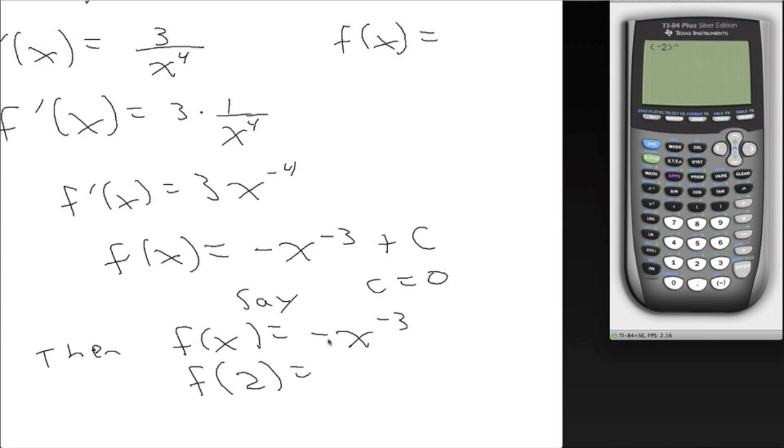We're not actually raising the negative sign to a power here. So it should be negative 2 to the, and now what? Negative 3. Like this? Yep. I think that'll work. All right, that's right.